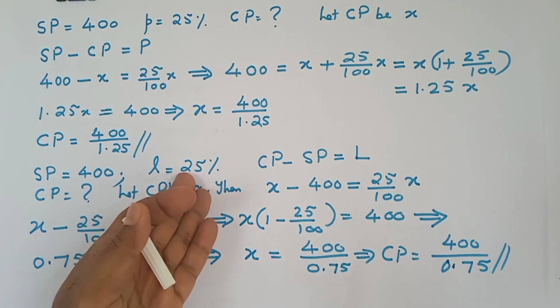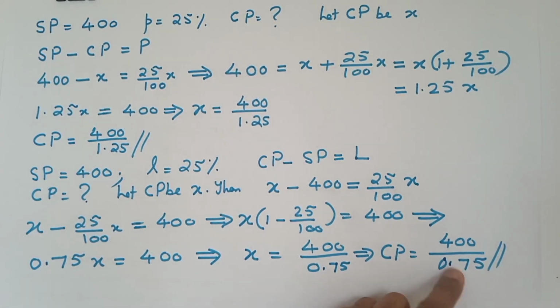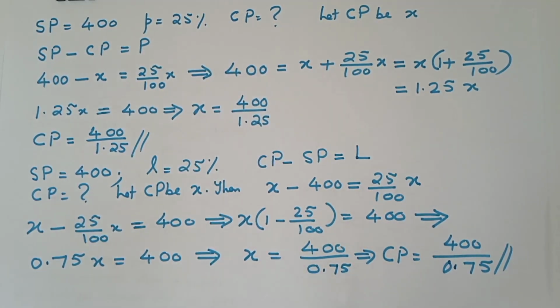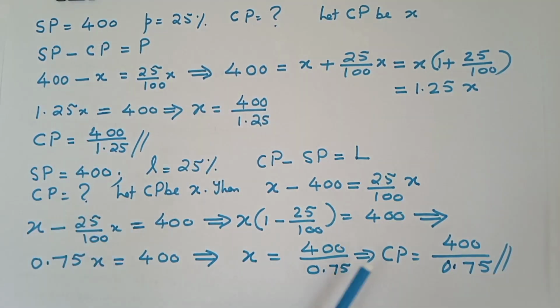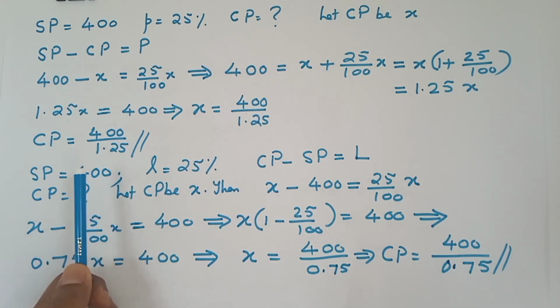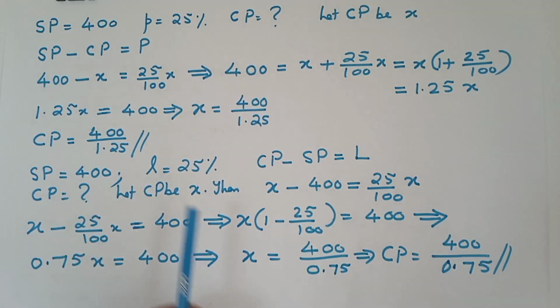Supposing you had 40% loss here, this number would have been 0.6. So this number is again related to the loss percentage. In both the cases, you're dividing SP by a suitable number, which is related to the profit or loss percentage. If it is profit, 1.25. If it is loss, 0.75. How do you get 75? 100 minus 25. Then put a decimal here.